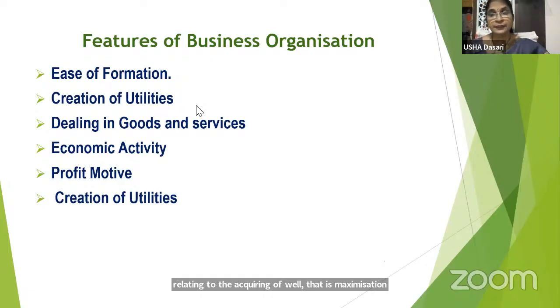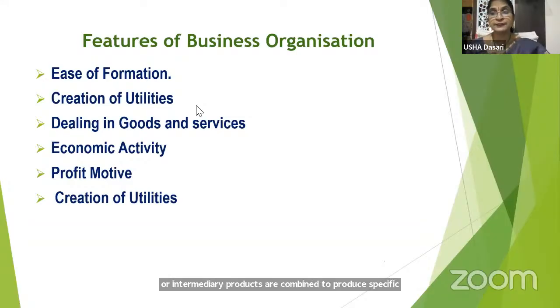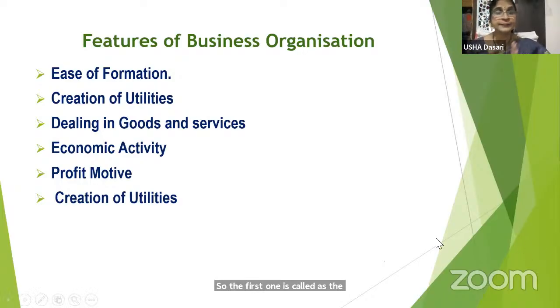Thus we can say that any economic activity takes place when resources like capital, goods, labor, manufacturing techniques or intermediary products are combined to produce specific goods or services. Thus, all economic activities are characterized by an input of resources, a production process, and an output of products, goods, or services. So the first characteristic feature is economic activity.